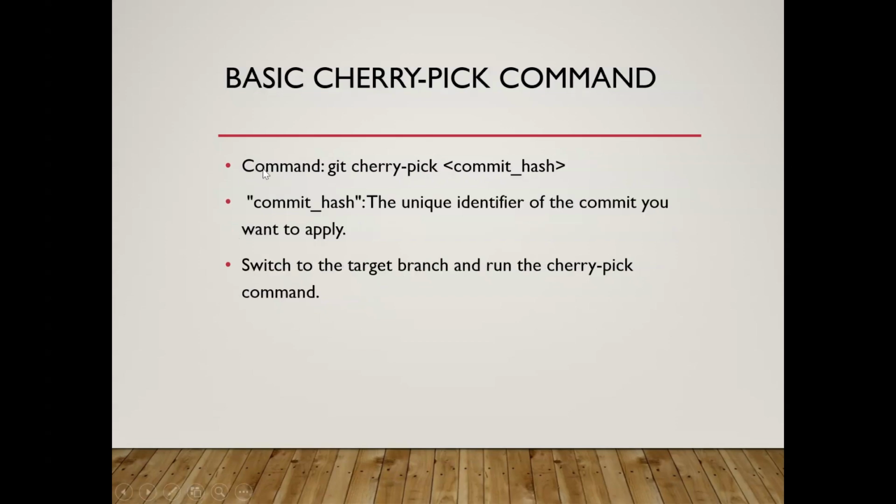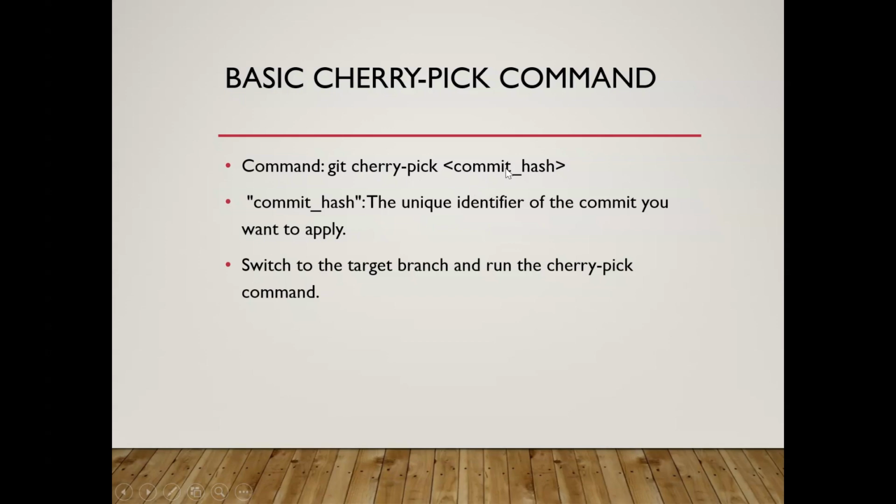Okay, this is the command to do the git cherry-pick. You can run this command, git cherry-pick and the commit id, so that it will cherry-pick this commit id into your target branch. This is the unique identifier of the commit you want to apply.